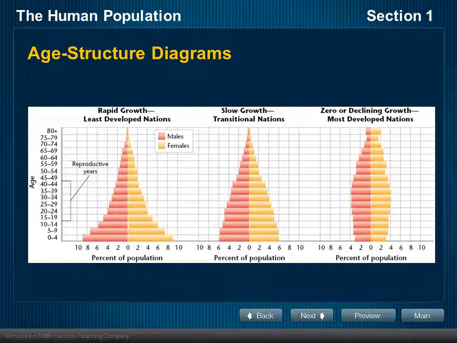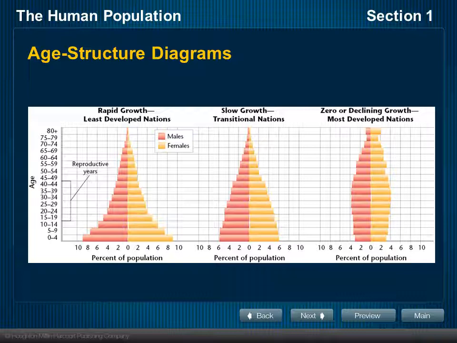As you move into the zero or declining growth pyramid, which is basically going to be the most developed nations that exist, you'll see here that's a completely different pyramid. There's more in the middle, in the say 35 to 55 age range, than there are at the bottom, the younger children.